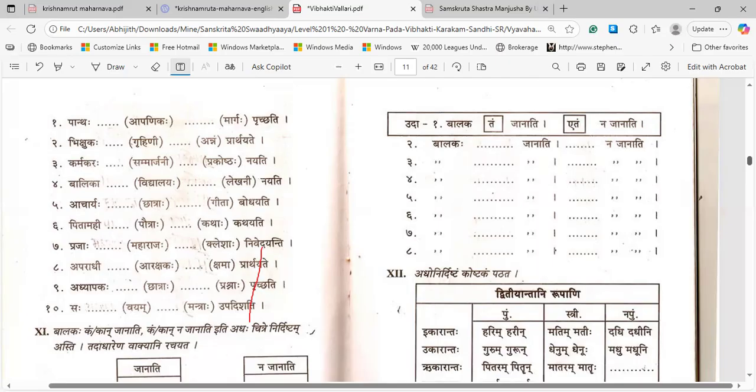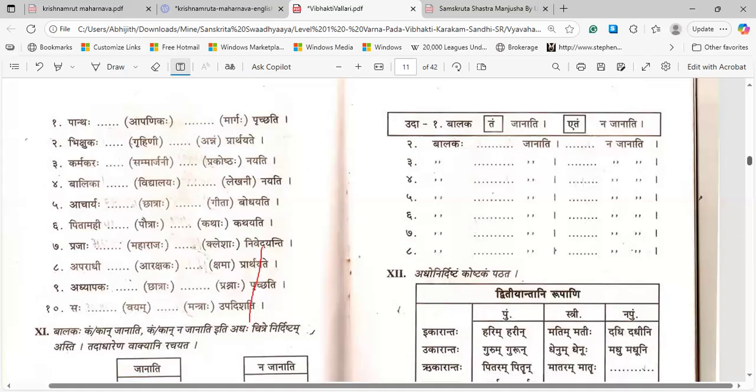Okay. Next, Bhikshukaha, you all know. Grihinim also, the answer is already there. Annam also. Sammarjani. What is the meaning of Sammarjani? Broom.